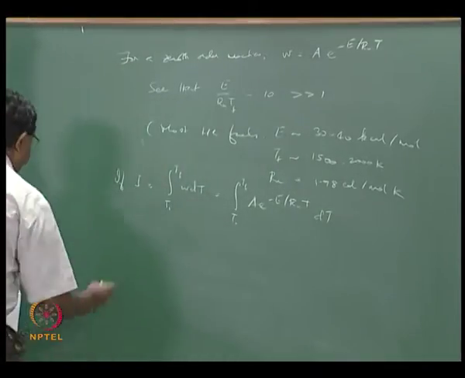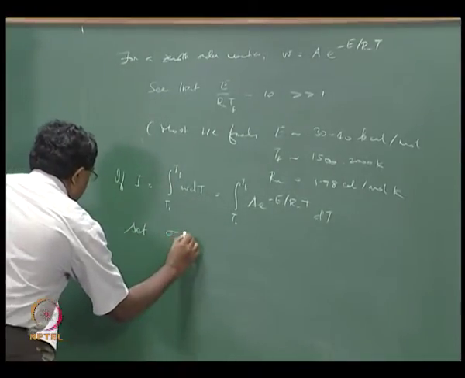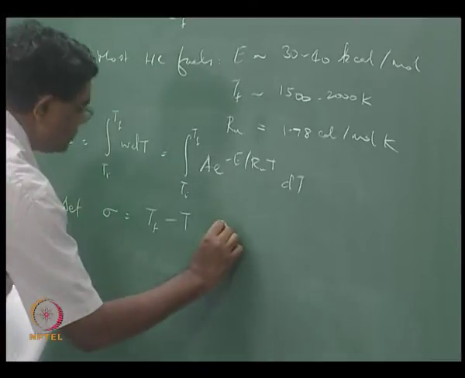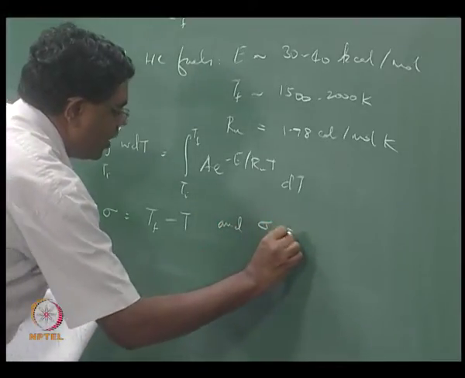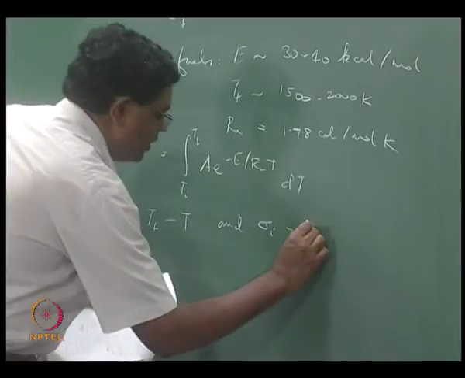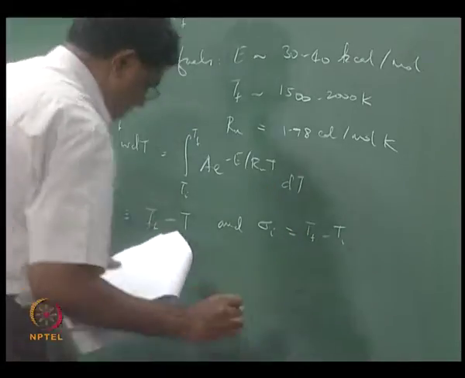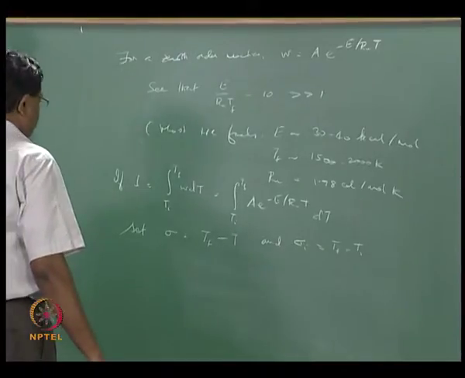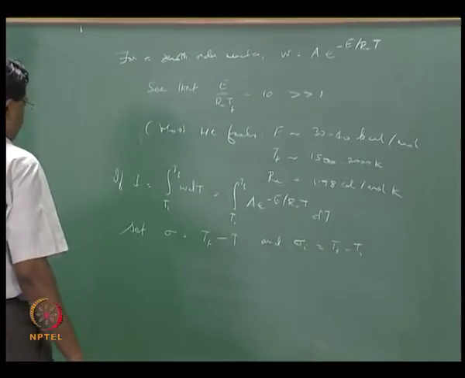So set a new variable sigma as Tf minus T, and then sigma i becomes Tf minus Ti, and of course sigma is now going to go to 0 when T becomes Tf.